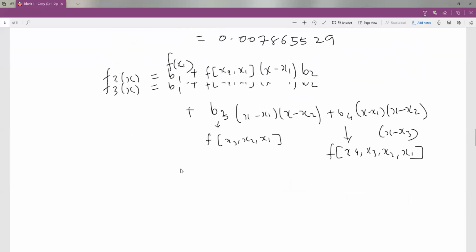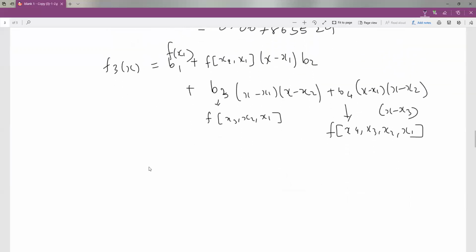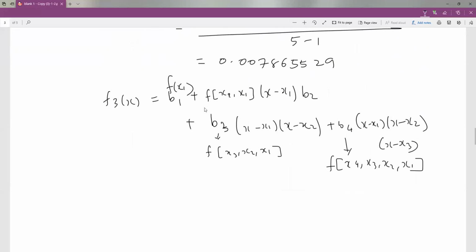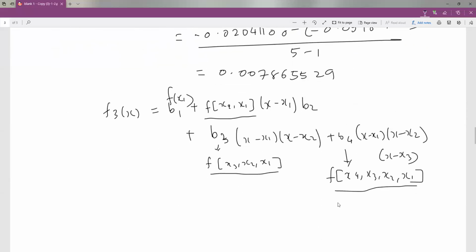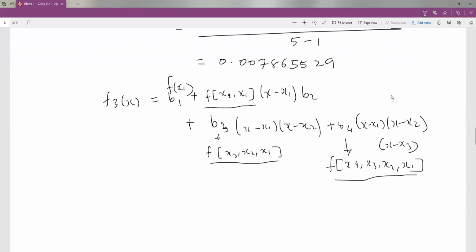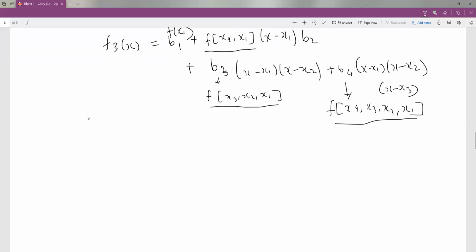So by substituting all the known values, these we have already evaluated: the first divided, then second divided, and third divided differences. Whatever values we are getting, we are simply substituting. Then substitute the values of x1, x2, x3, x4, and then substitute the value of x equal to 2 finally to get the answer.